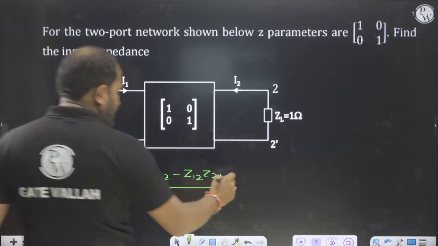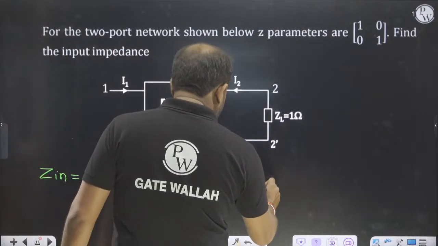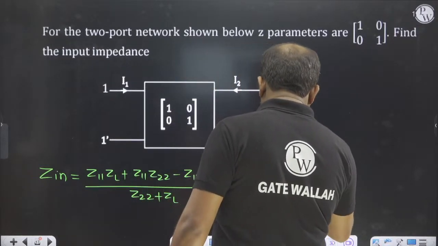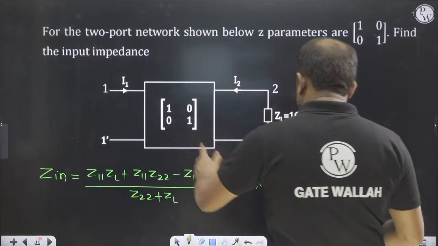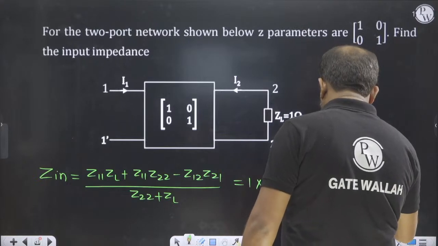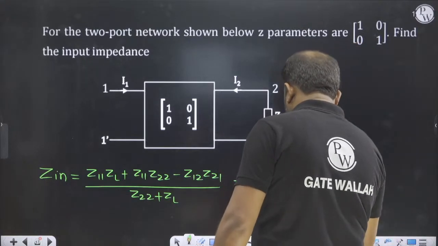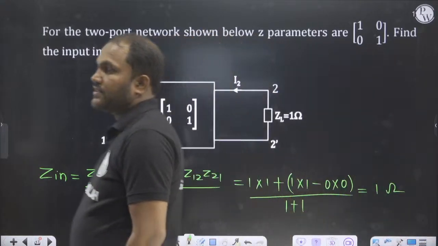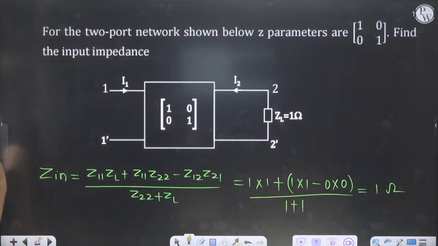Here Z11 is 1, ZL is 1, Z22 is 1, Z12 and Z21 are 0, and 1 plus 1, so it will be 1 ohm. It is a very easy question. Just put in the values and you will get the answer.